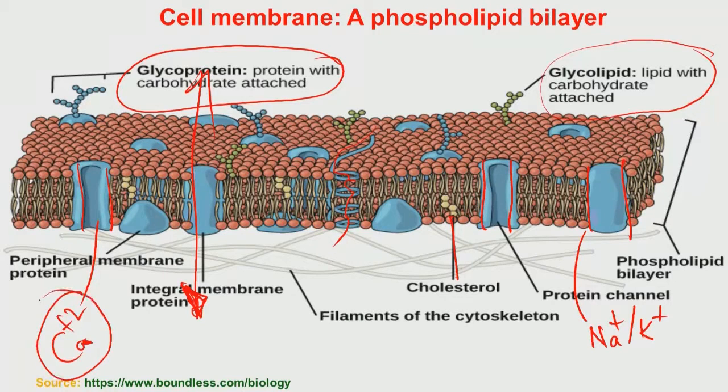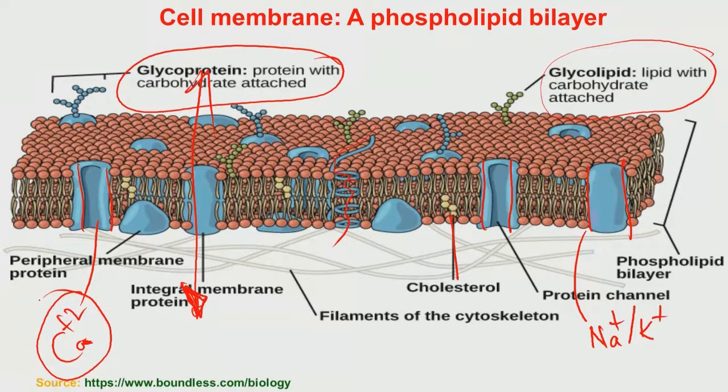I repeat, there are two types of channels on the cell membrane. One is called the sodium potassium channel, and another is called the calcium channel. These calcium channels are voltage gated calcium channels, and they are extremely sensitive to the voltage difference. So, at a particular voltage difference, these channels will allow the specific transport of only calcium ions.